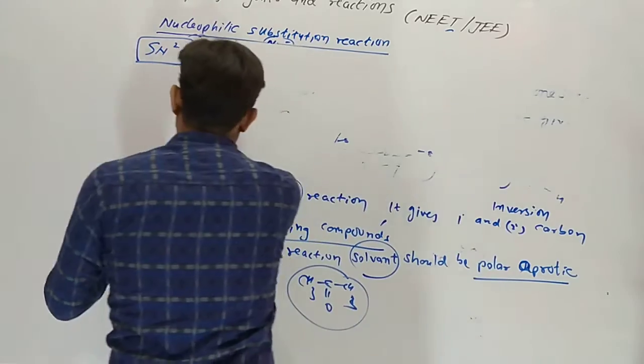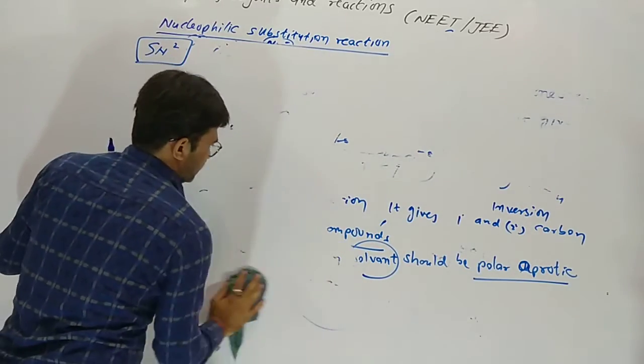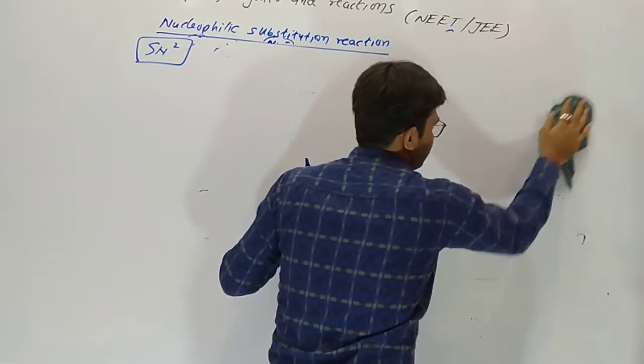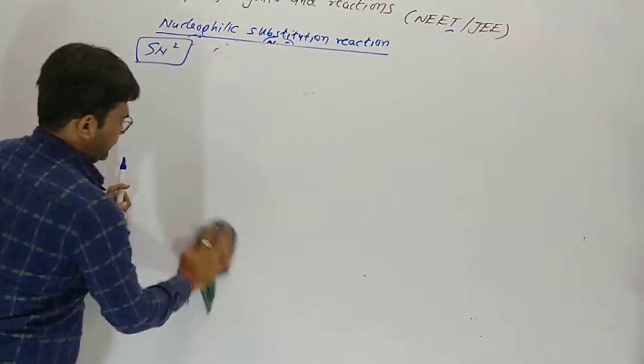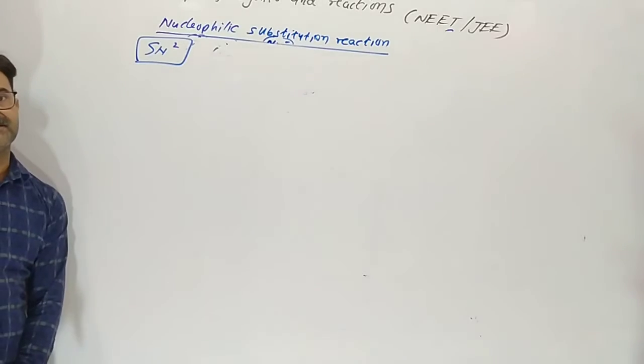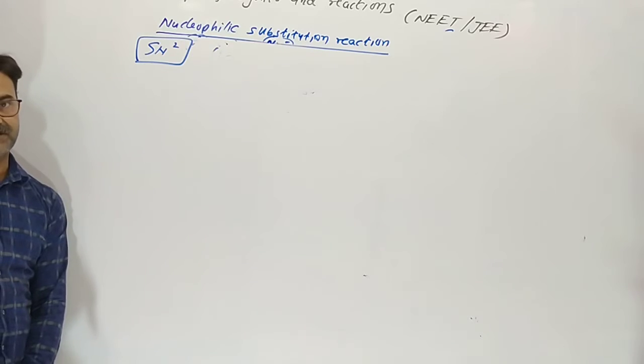Now, another important point for the SN2 reaction is that it gives an inverted product. In this reaction, the product is formed due to inversion.